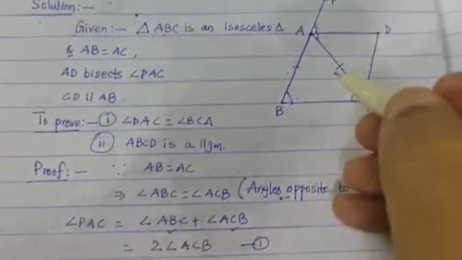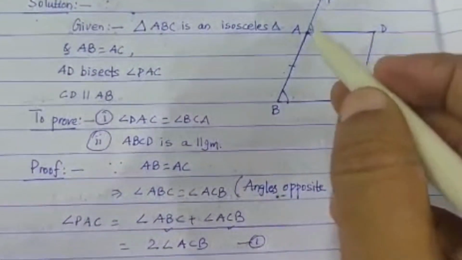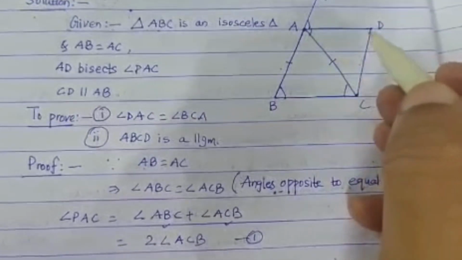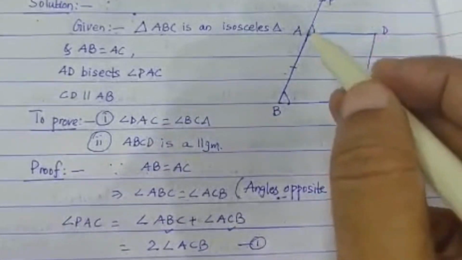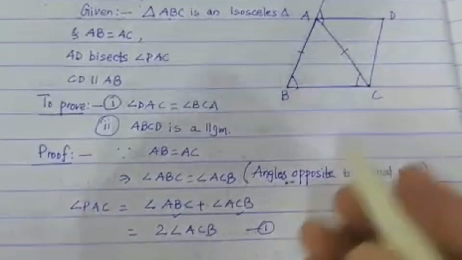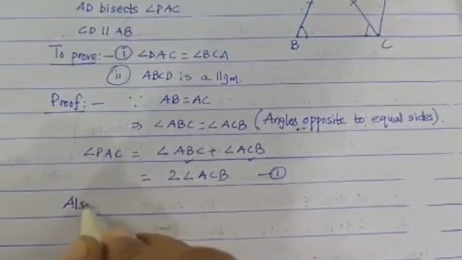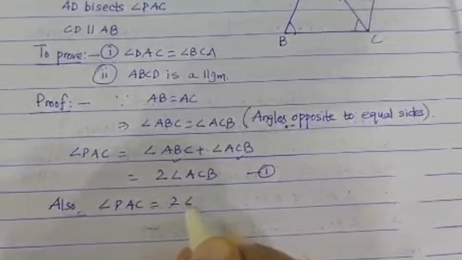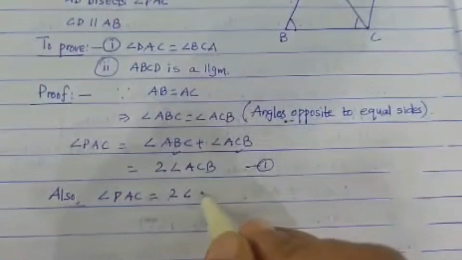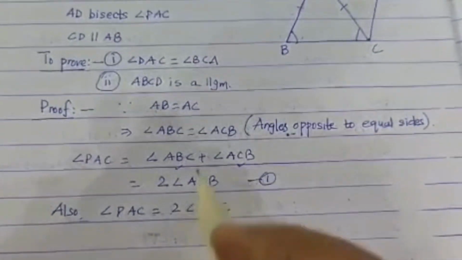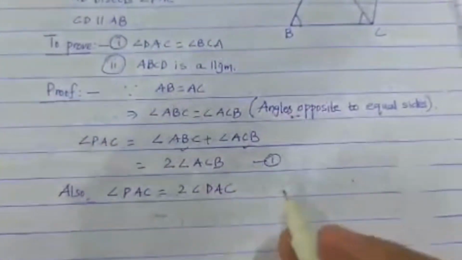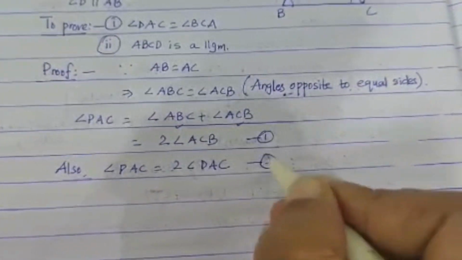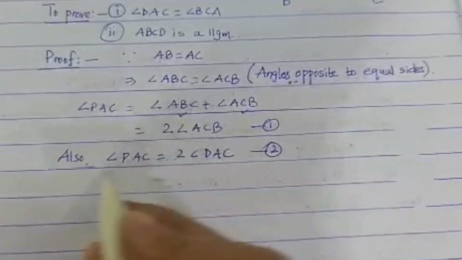It is also given that AD bisects this angle PAC. So angle PAC is equal to twice angle DAC, because it is given that AD bisects angle PAC. Let us take it as equation 2.